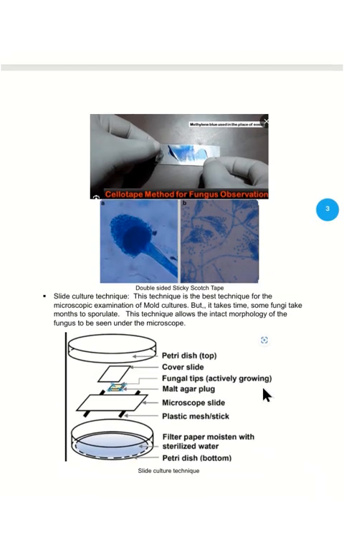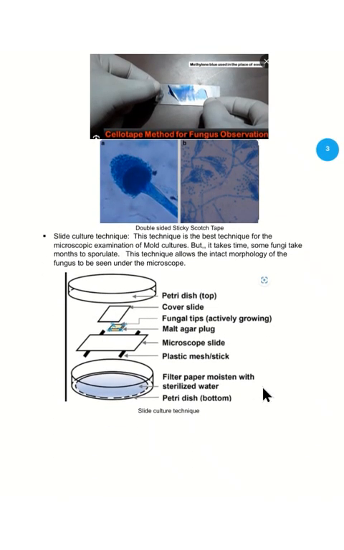The third type is what we call a slide culture technique, and in this method, you need to grow the fungi. It's usually used to monitor the growth of the fungi. So we need a petri dish, and then we need a cover slide, and then we grow the fungi on a square, like a cube of agar.